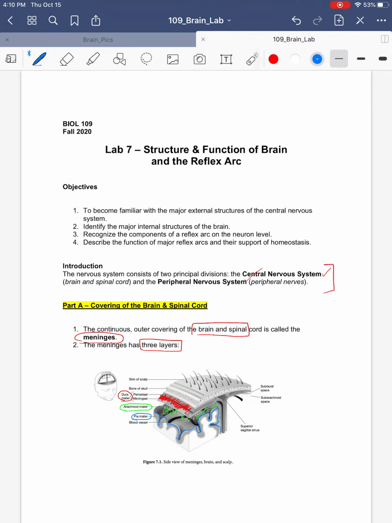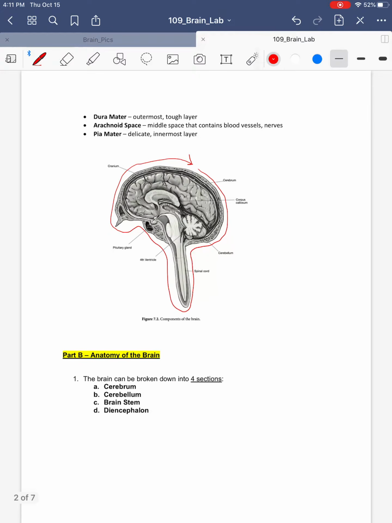Not quite that thick, but it's really tough and thick. The pia mater is almost like a saran wrap covering. It's thin and delicate, but the pia mater conforms to every nook and cranny of the brain. And you can see I've written these out right there for you.